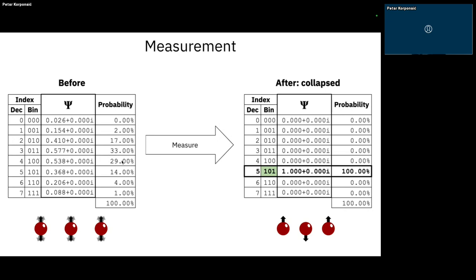But I intentionally put here that the outcome will be 101 because there is also a chance that it will be 101. And if we repeat the same experiment 100 times or 1,000 times, and make statistics of how many times we get 0, 1, 1, 0, 1, all outcomes, then we will see that in 33% of cases we will have this 0, 1, 1 outcome.